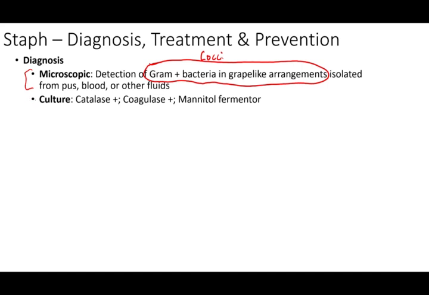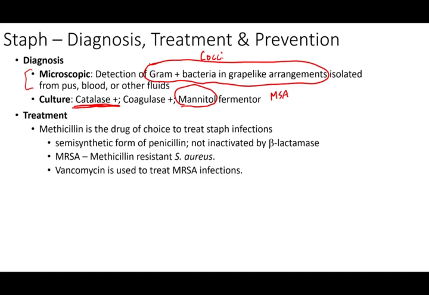And so we saw the plate that we used, the mannitol salt agar. Staphylococcus aureus is one of the few that will grow in the presence of high salt, and it ferments mannitol. And so getting that result is pretty indicative that's Staph aureus. We'll also see one really important clinical differentiation between Staph and Strep is their response to catalase.